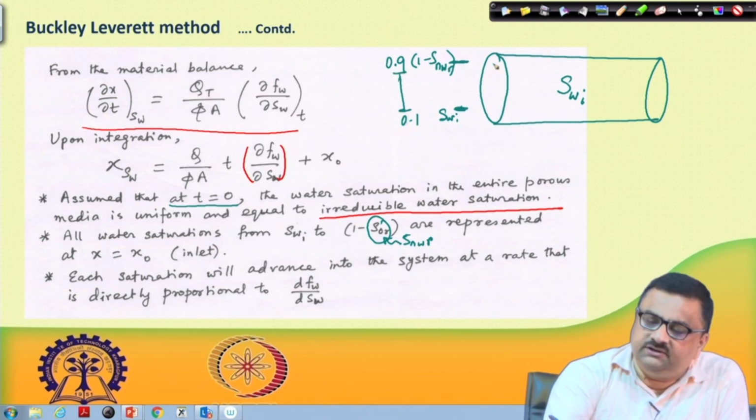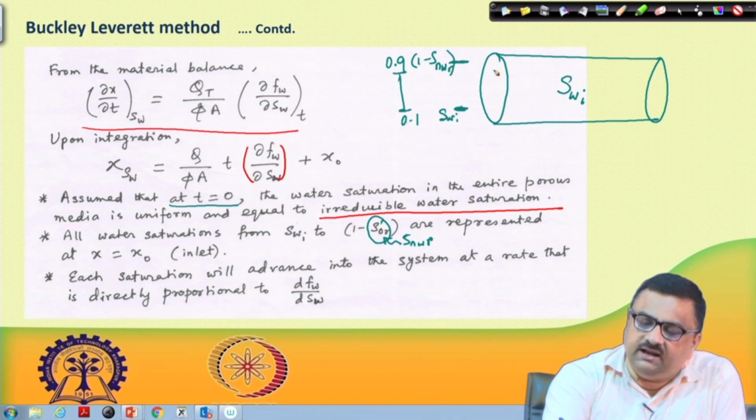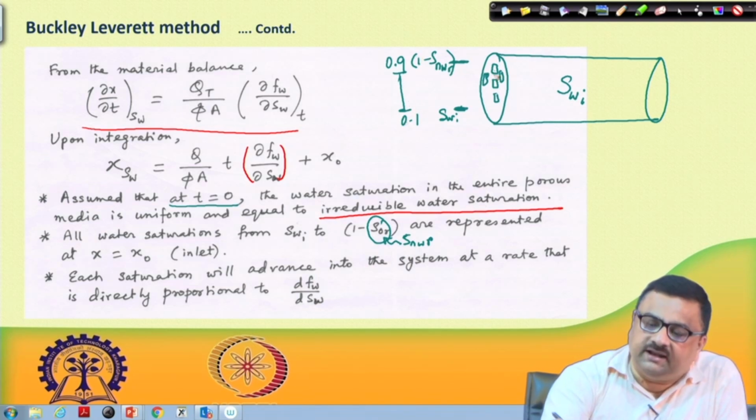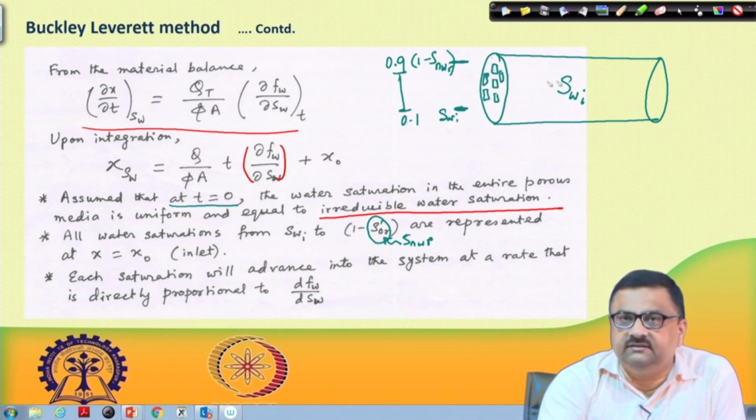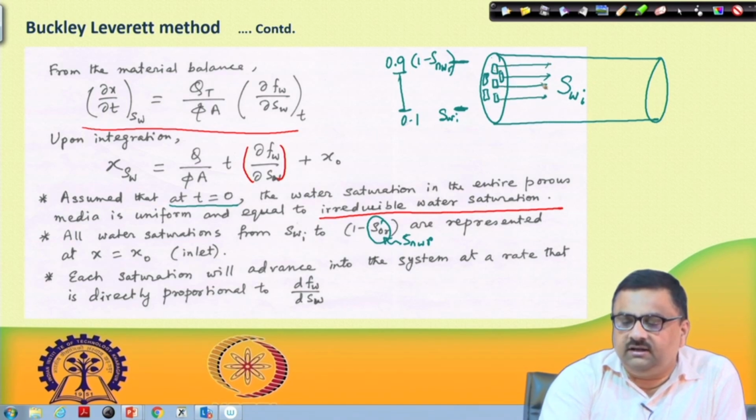So, what it assumes is as if I have packets of saturations, some 0.1, some 0.2, some 0.3, some 0.5, 0.65, 0.75. All kinds of saturation packets are present here at the inlet. And now, since I am injecting from this side, these saturation packets are traveling. Okay.